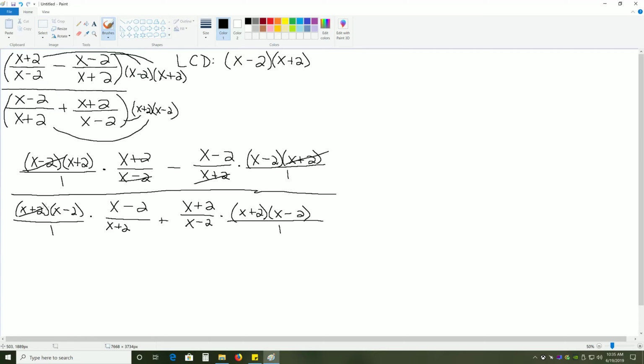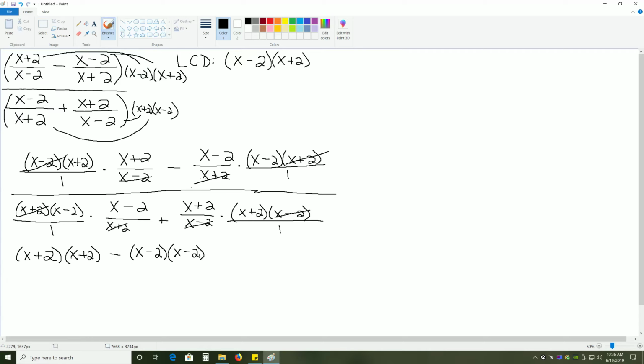And again, x plus 2 will cancel here, and x minus 2 will cancel here, leaving us with x plus 2 times x plus 2 minus x minus 2 times x minus 2.